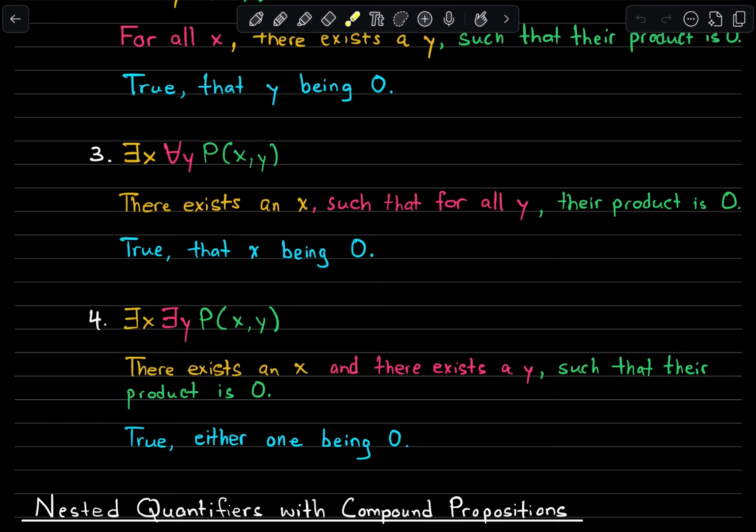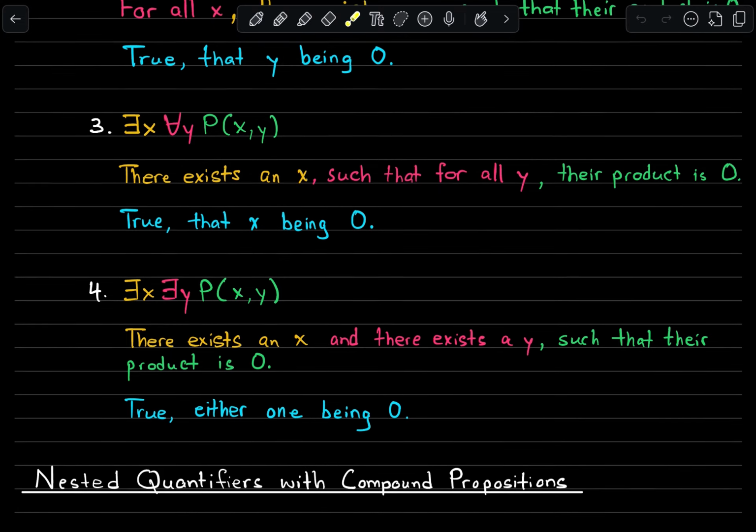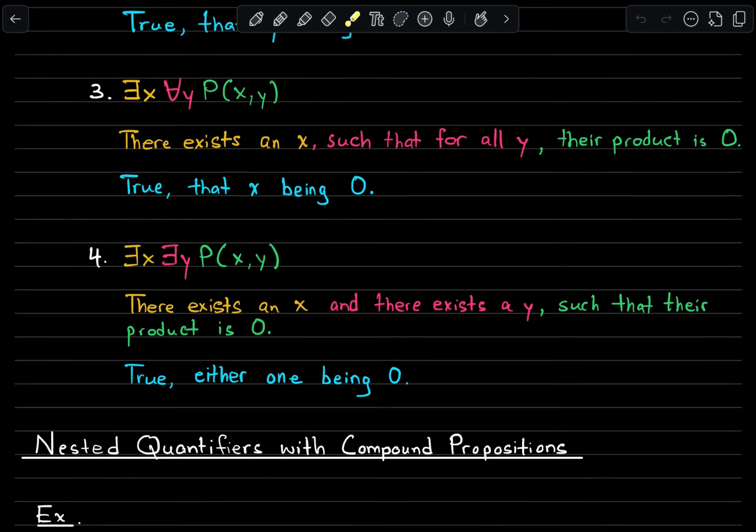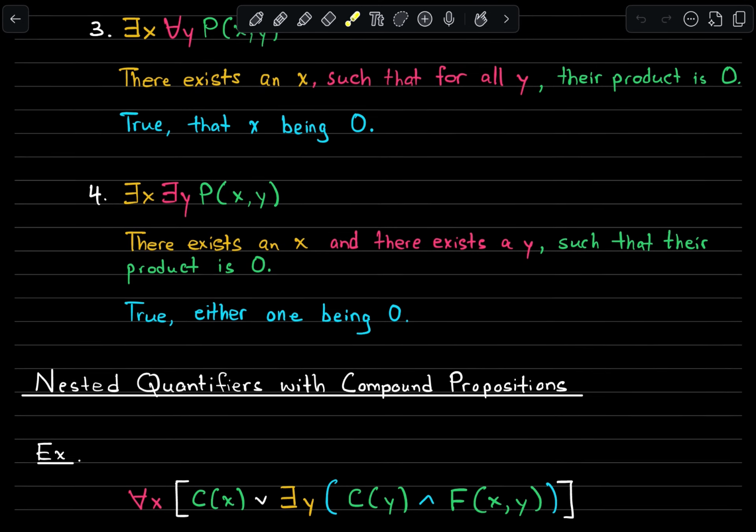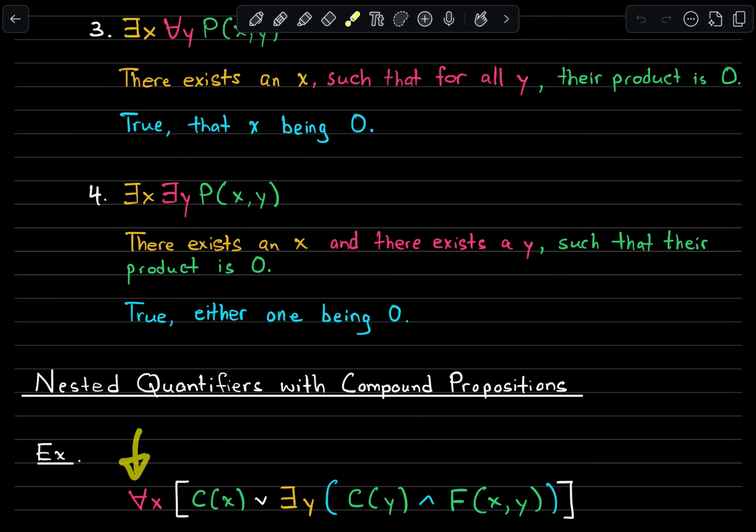Now, what happens if we want nested quantifiers with compound propositions? How does this look? Let's try translating the following example. Here we've got the universal quantifier out front, and this applies to this entire set of brackets.